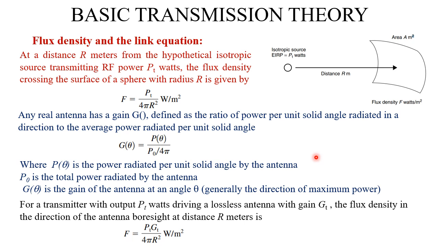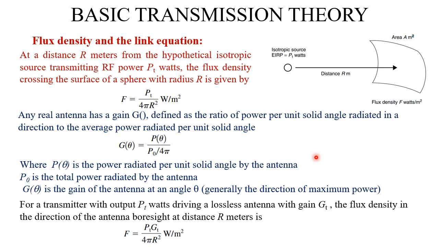Arc length divided by radius, theta equal to S by R. Okay, but if instead of arc length, we consider an area A, and we divide this area by the square of the radius, that is A divided by R square, then the corresponding entity will be called the solid angle.